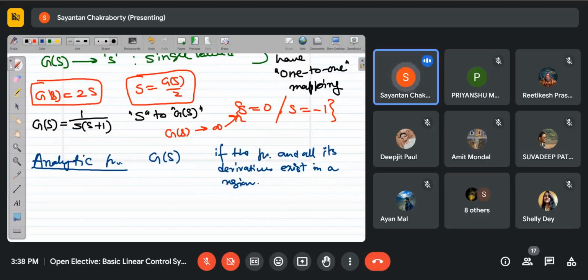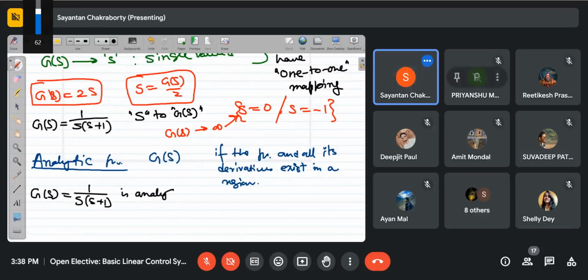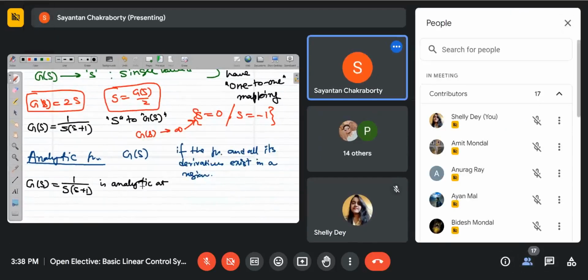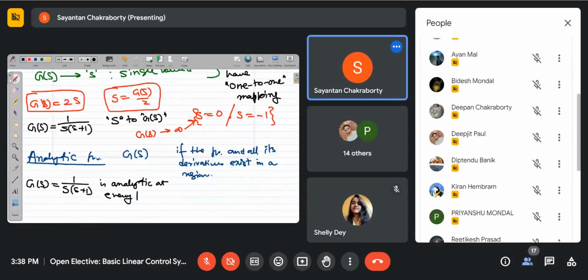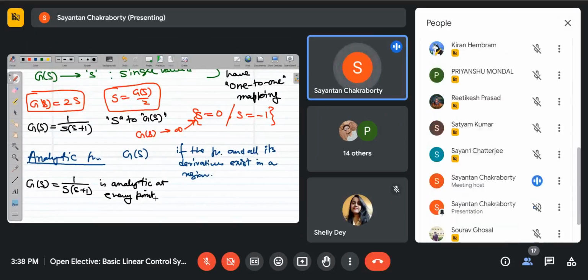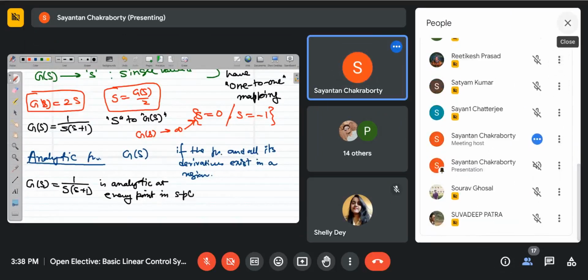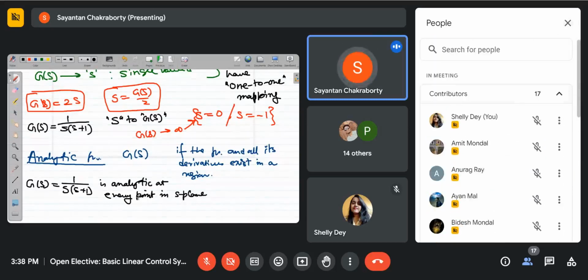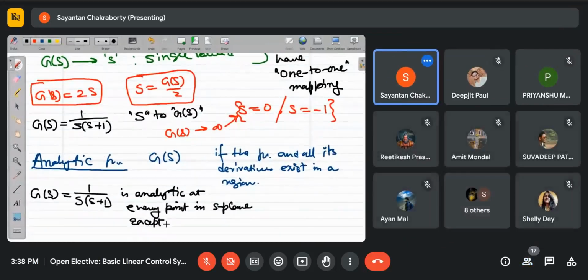So as for our example, this G(s) is analytic at every point in the s plane except at s equal to 0 and s equal to -1.